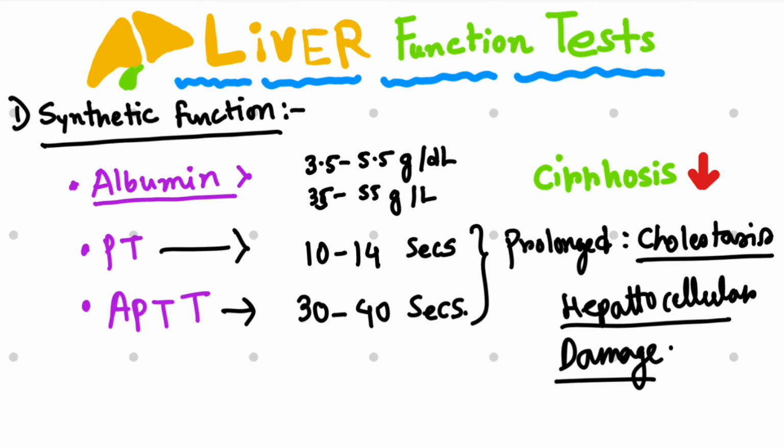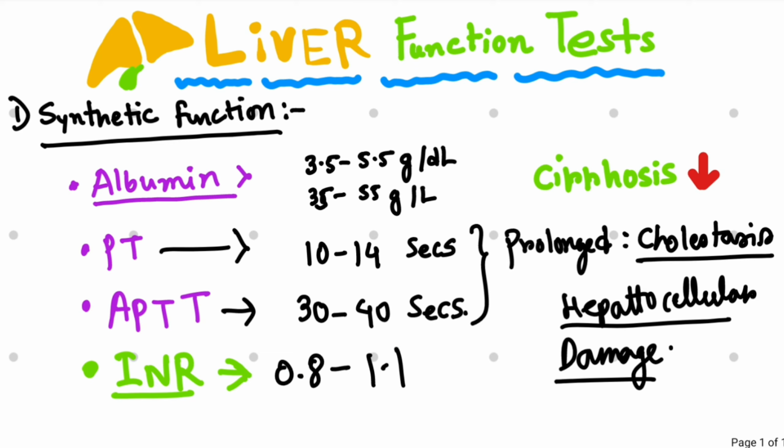Apart from these two, there is another parameter known as INR, that is international normalized ratio, that is also used for assessing the risk of bleeding in case of liver damage. Normal value of INR is usually 0.8 to 1.1.